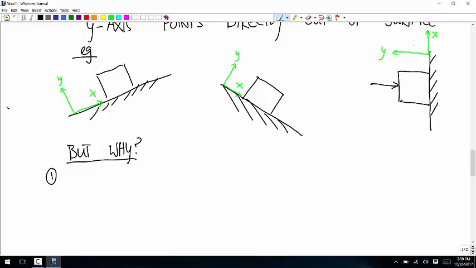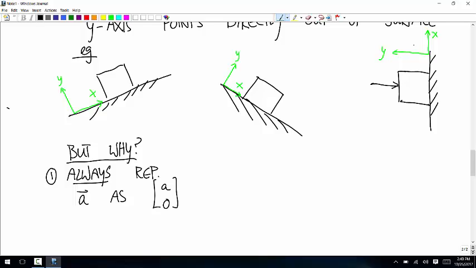Always, if we do this, we can always represent the acceleration vector as (a, 0). And a can be positive or negative, but we'll always start with it written like that.